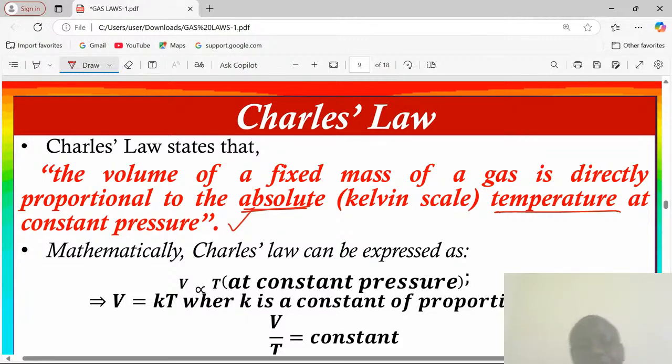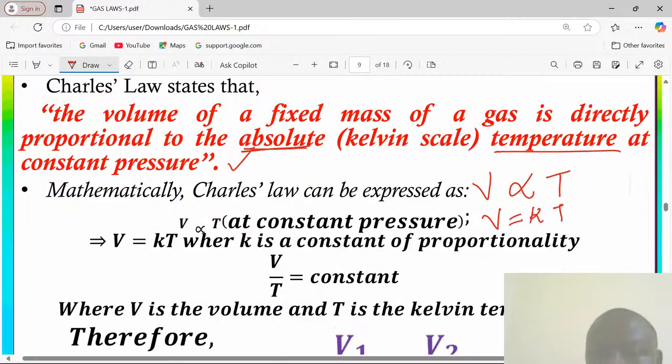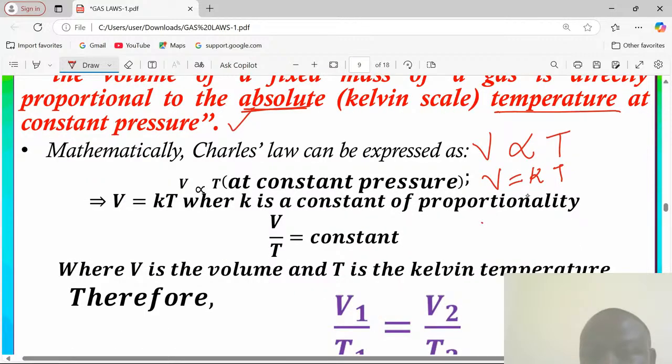So mathematically, volume is directly proportional to temperature, whereby we can say volume equals a constant times T. To express our constant K, it is volume over T. And in case you vary temperature, to get a new volume, you discover that the ratio of that new volume and the new temperature will give us the same constant.